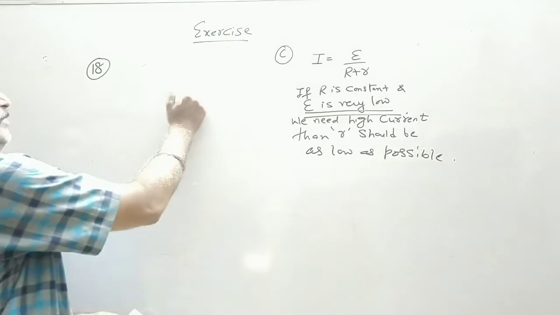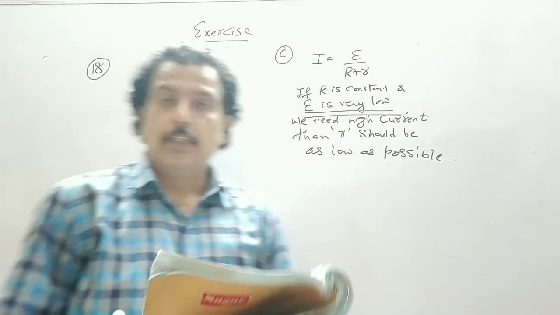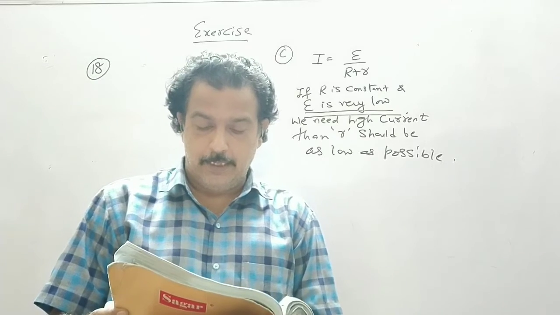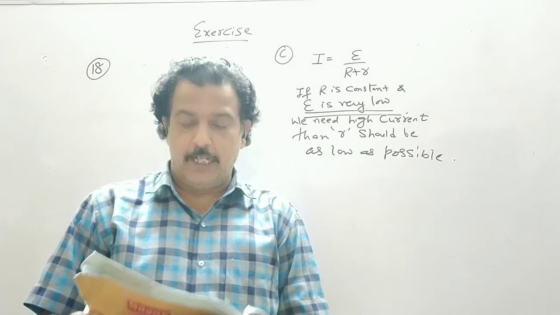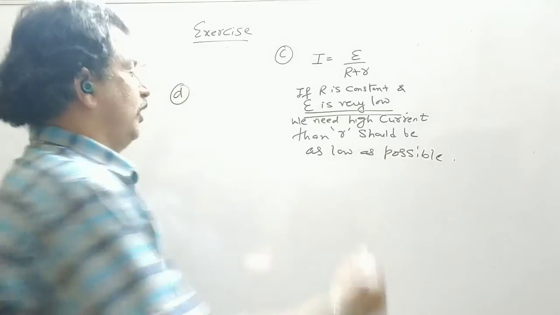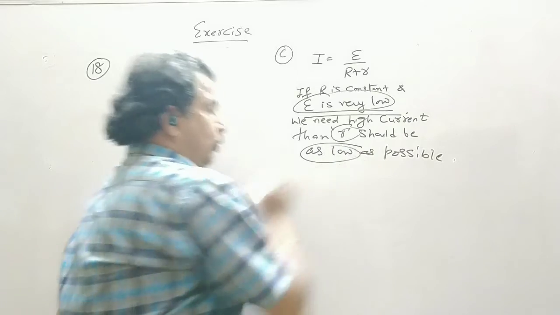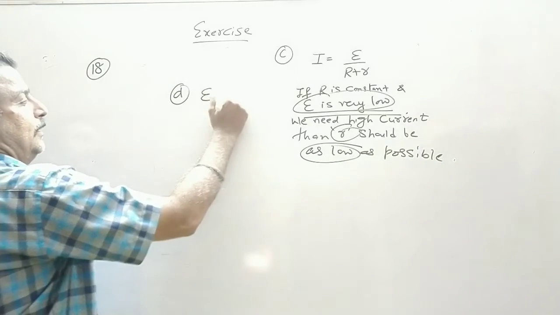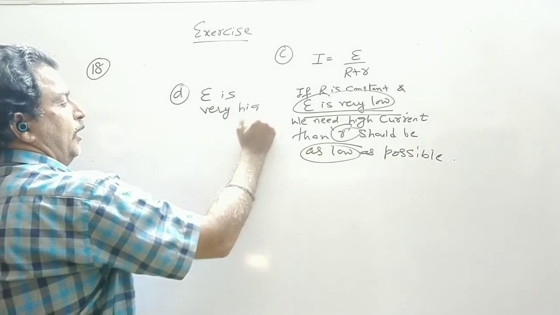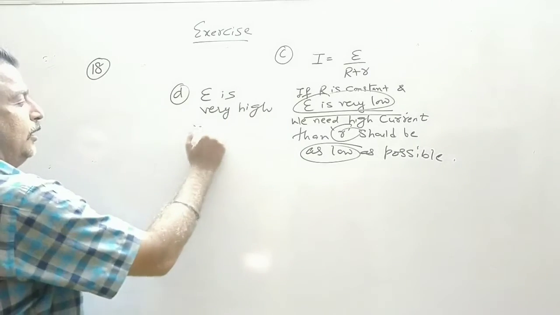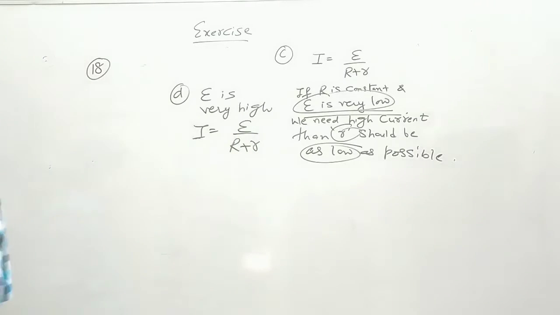Now the opposite of this is given; this was a low supply. Now it is given that a high tension supply, say 6 kilowatt, must have a very large internal resistance. So if a supply is low, small r is low. Now the E is very high. Again, I is equal to E upon R plus r.